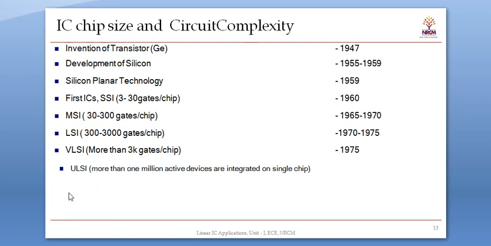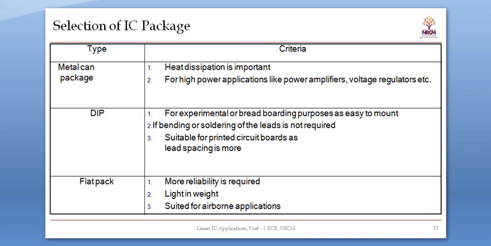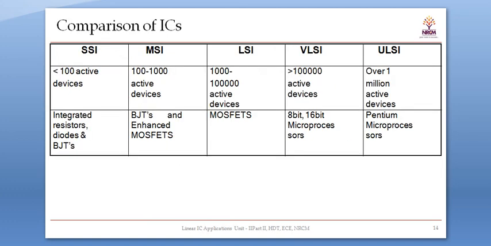Now if I am going to compare the ICs: SSI, MSI, LSI, VLSI and ULSI. Small scale integration, medium scale integration, large scale integration, very large scale integration, ultra large scale integration and giant scale integration. In SSI, less than 100 active devices are manufactured on a single chip of silicon.